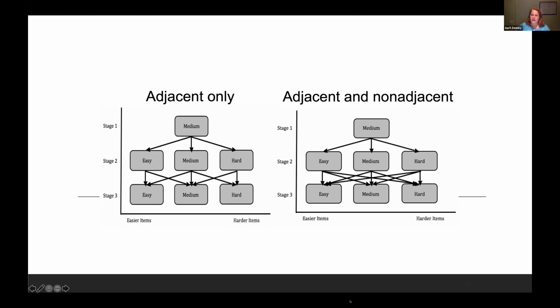Or do you allow non-adjacent routing, which in some cases might be looked at as an aberrant response pattern? In my testing context, which is adult learners, sometimes they've got some funny gaps or strengths in their knowledge. So we actually allow fully non-adjacent routing. If you're in the easiest module, you can go to the hardest. But it's because of the specifics of our context that we've allowed that.